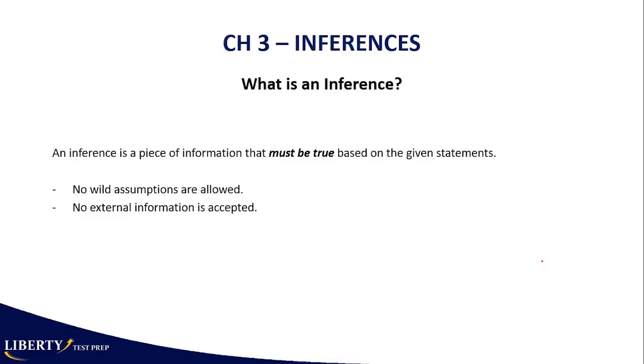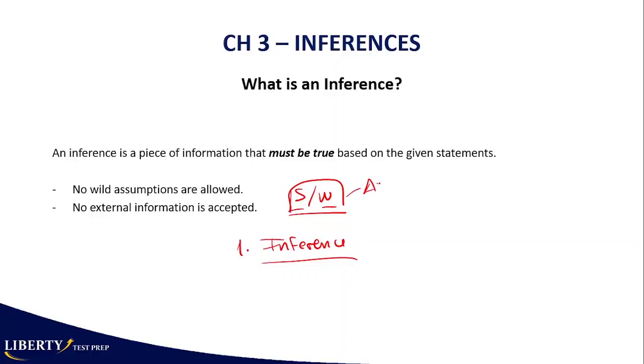Inferences is a very important topic. Okay, why? Because of two reasons. First of all, because as we've mentioned before, the inference has a totally different theory than strengthening and weakening. Right? Strengthening and weakening has one type of theory. We've already gone over the plan goal. We've already gone over to provide an advantage or disadvantage, to focus on the main conclusion, etc. Right?